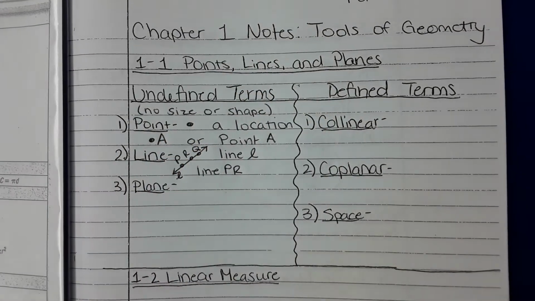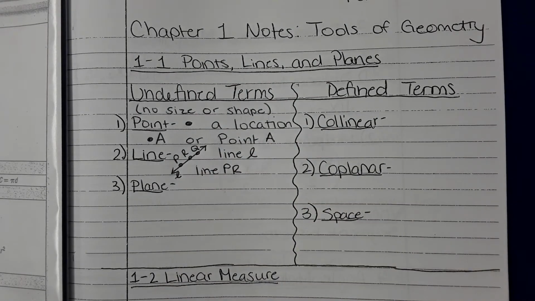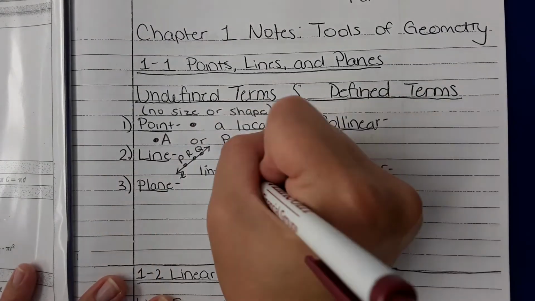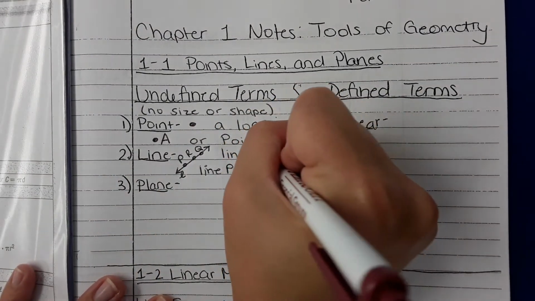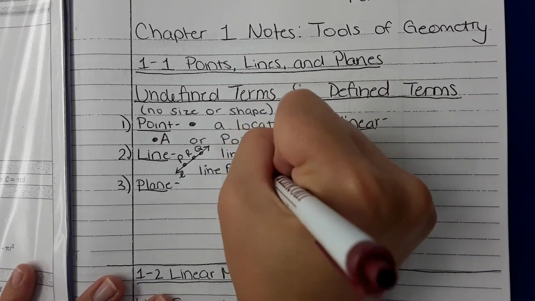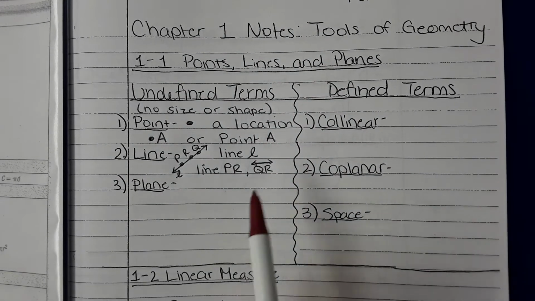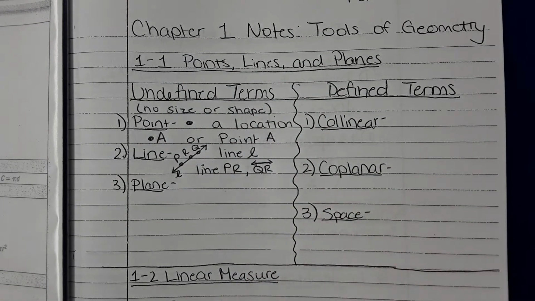It doesn't matter which order those letters are in, just 2 points on the line. You can also shorthand it with this symbol here, and again, just use 2 points. So this represents line QR.